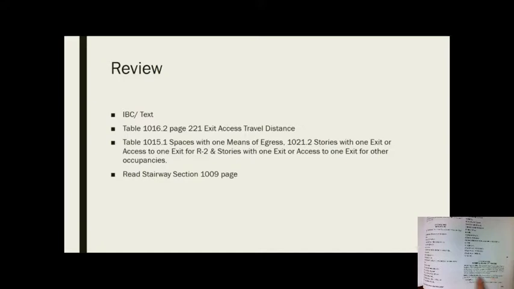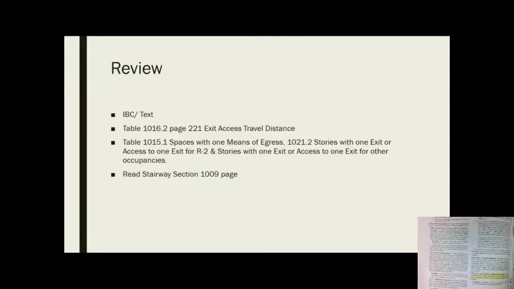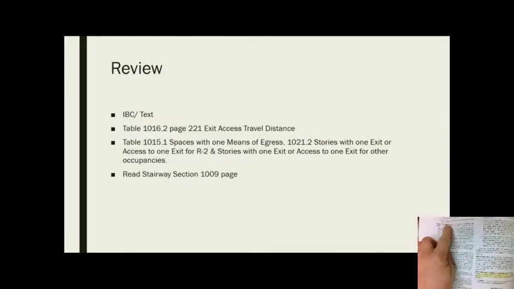means of egress. I have a ceiling height of not less than 7 foot 6 inches. So it's going to tell you the exact heights that you can have in particular rooms. It's going to go through and tell you what you can and cannot do. It's going to talk about protruding objects. It's going to talk about headroom permitted.